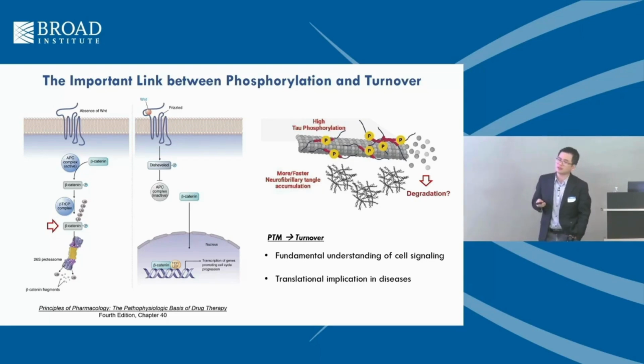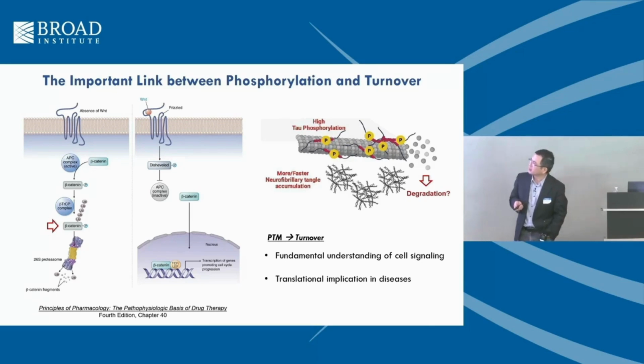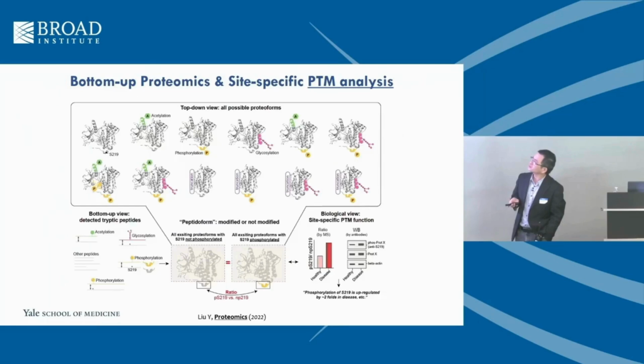So the question is, can we really degrade these hyperphosphorylated proteins, for example, protein tau? Basically, if we understand better the relationship between phosphorylation and protein turnover, we could have better fundamental as well as translational implications.